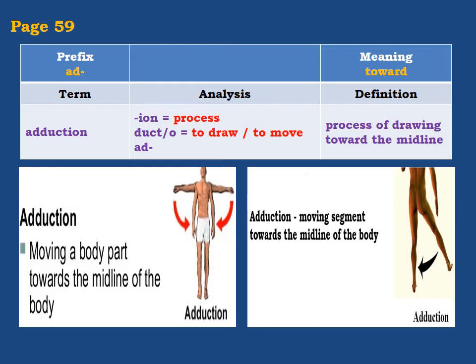So if your arms are away from your body, just like in the first picture, if you are lifting your arms, and now you put them down close toward your body, this is called adduction.